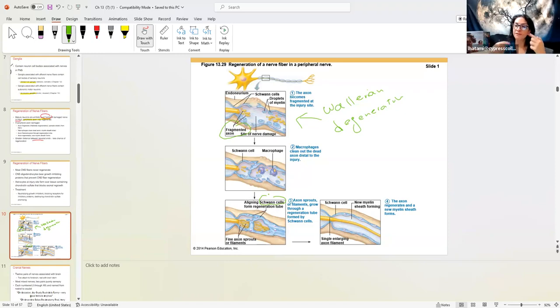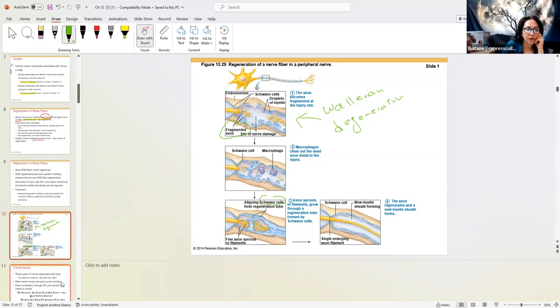By dividing and increasing their number, they make a regeneration tube. So the third event is the formation of the regeneration tube by Schwann cells. When we have this regeneration tube, the axons start to grow. Then the axon grows and regenerates, and the Schwann cells make the new myelin sheath. This is the sequence of events during the regeneration of a nerve fiber in the peripheral nervous system.